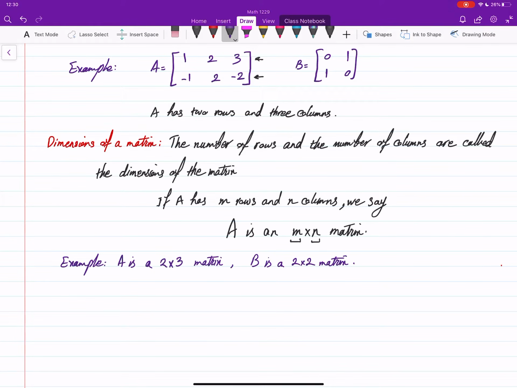So the entries of the matrix are the basic ingredients of the matrix, yes?